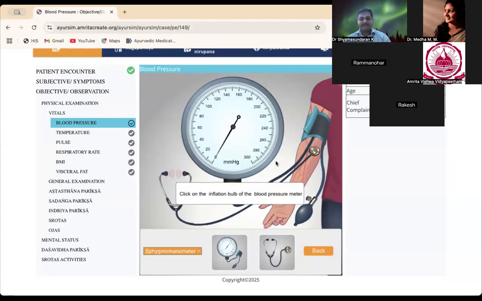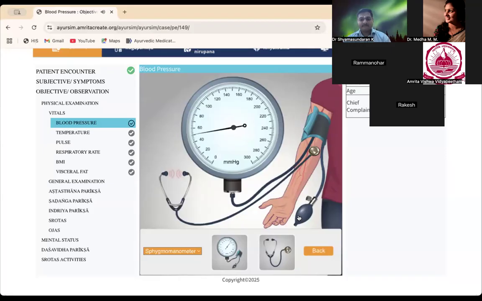Once you have placed it, you have to inflate the BP. And when you do this, you can even hear the sounds. As you release it, you have to hold it to release it. So this is an activity.